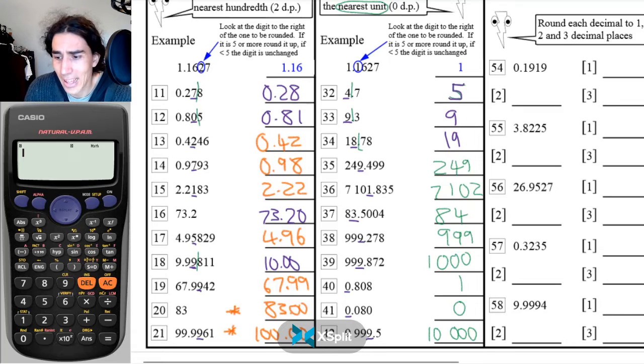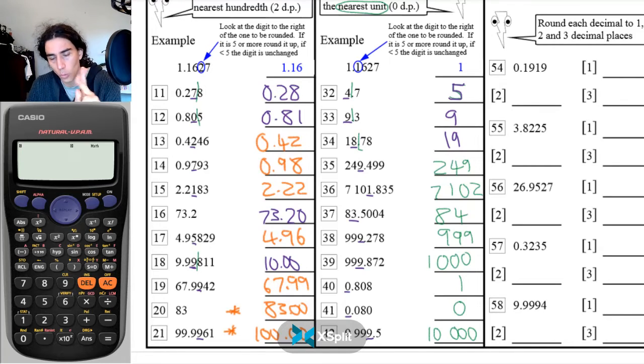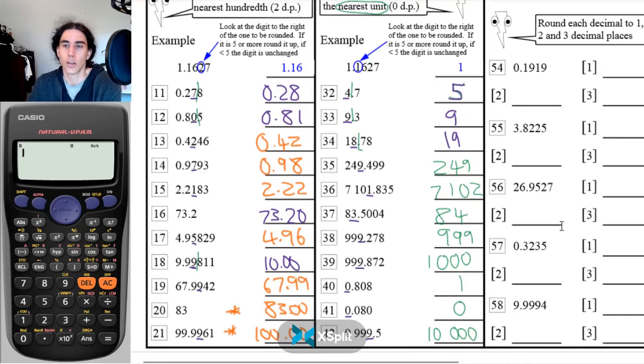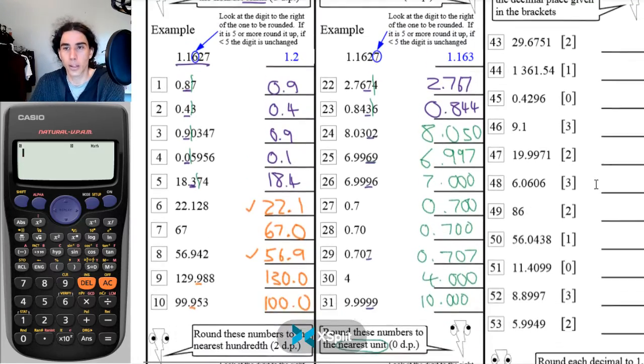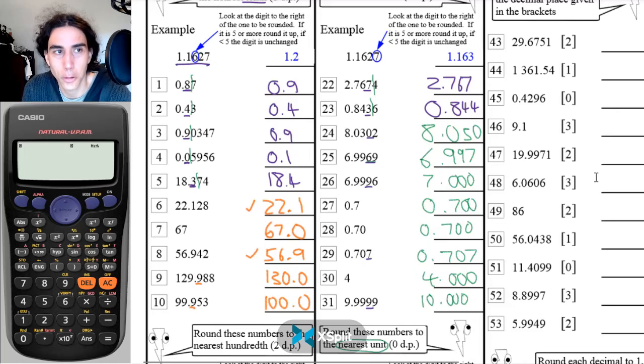And there are your answers. Scrolling up. 3, 2, 1. Okay, so these ones here, you have to round to what they tell you to round to. So every question is different. This one, they want you to go to 2 decimal places. So you go there. This one, they want you to go to 1 decimal place.